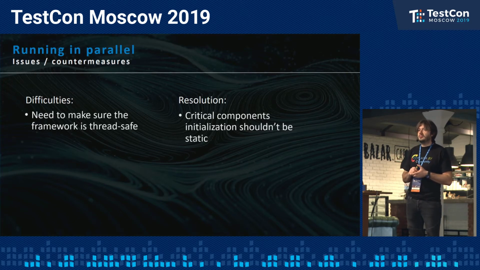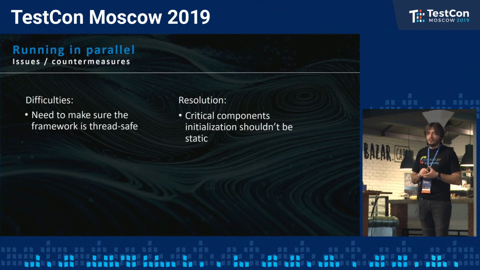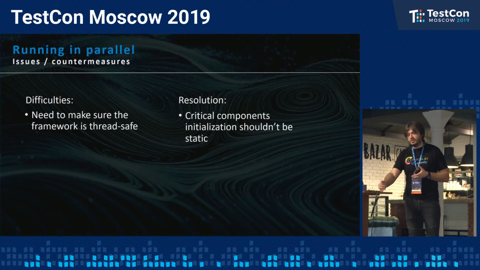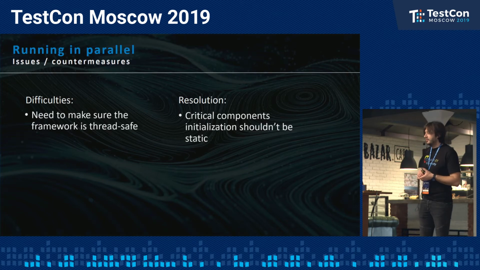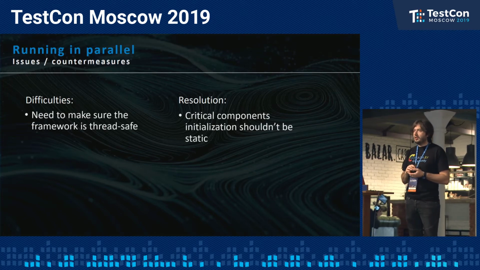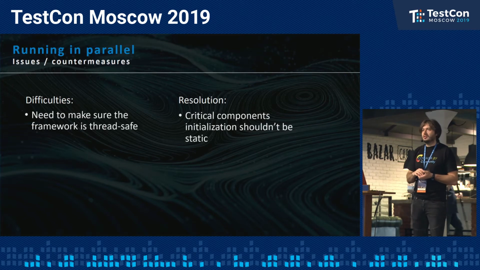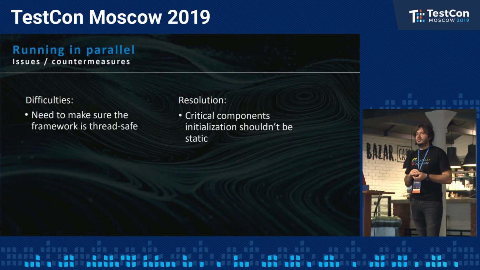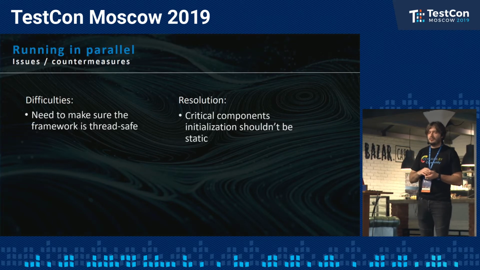Regarding the non-critical components, there is always a holy war between people who think that the pages can be static and the others who don't think so. In 99% of the cases, no matter how strange this may sound to you, a page object is a stateless thing. Our pages are stateless.